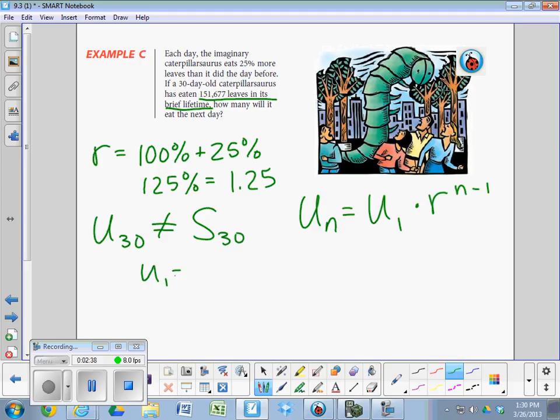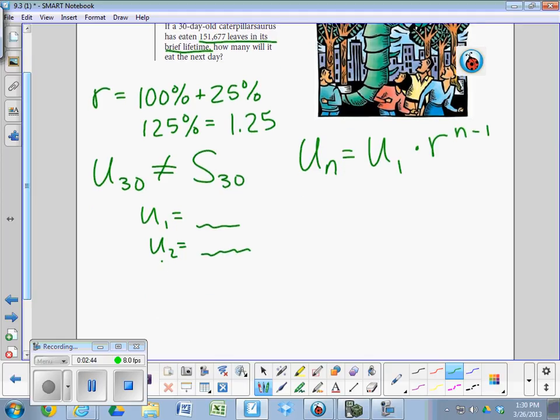So if U1 was some amount, and U2 was 25% more, and we got all the way down to U30, and it was some other amount, what's the sum of all those? S30, which is 151,677. That's the sum of the first 30 days worth of leaves eaten by the Caterpillarsaurus.